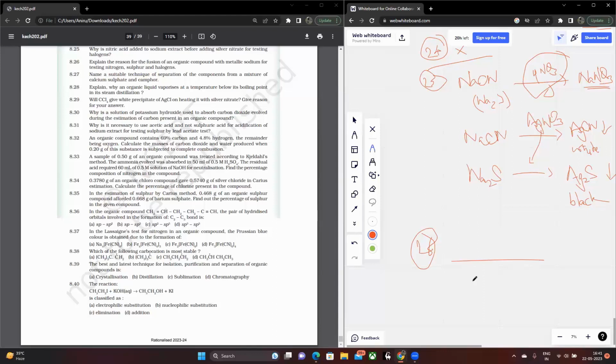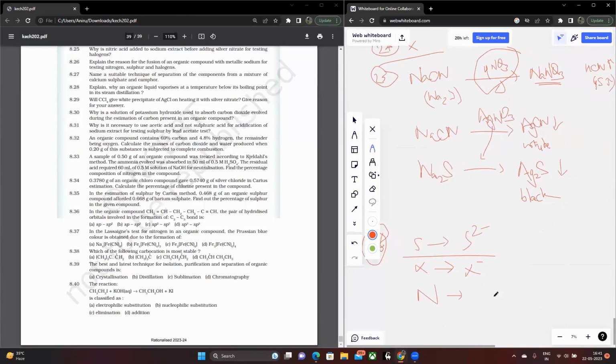So you basically want to change the sulfur to an ionic sulfide form. You want to change halogen, which is covalently bonded, to a halide form. You want to change nitrogen, which is covalently bonded, to a cyanide form, right? Because these ions have their own confirmatory tests that can be performed, right?